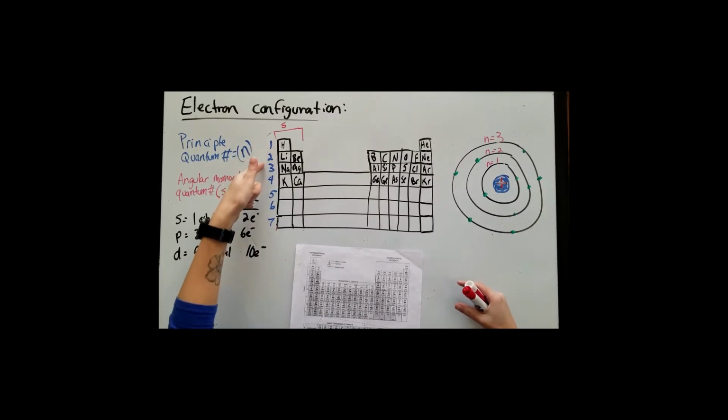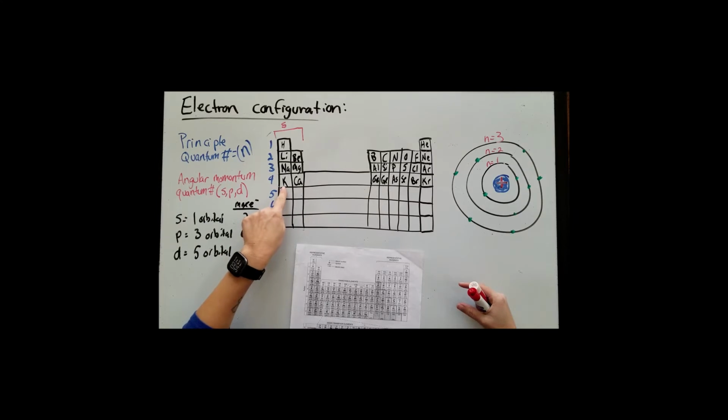So, for instance, potassium, this K atom, is going to be much larger than a lithium atom, because it has 4 rings around it versus lithium, which only has 2.